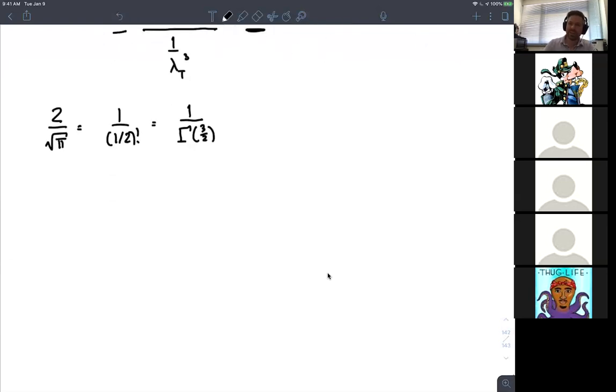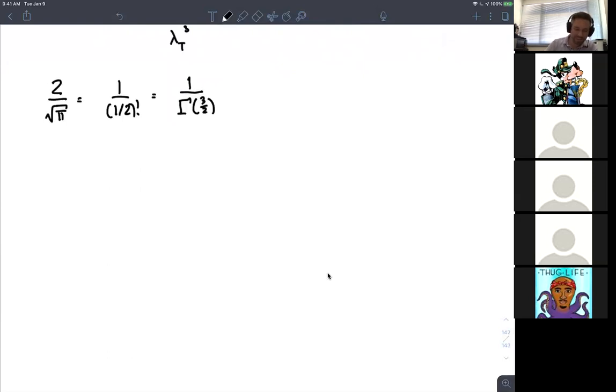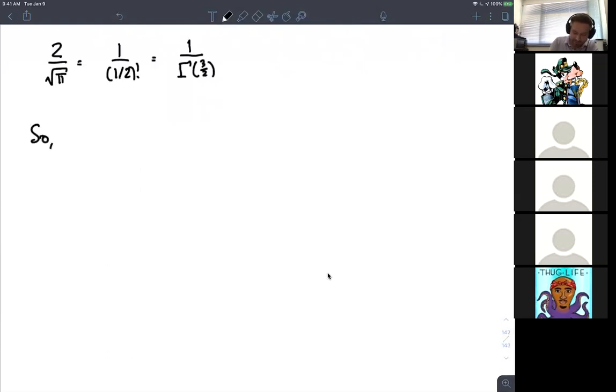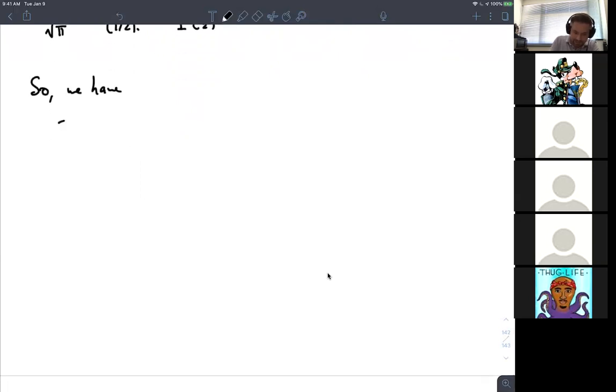Okay, so let's now plug all this back into what we have. So we have 2 over root pi times the integral from 0 to infinity of z to the 1/2 over e to the z minus 1 dz.